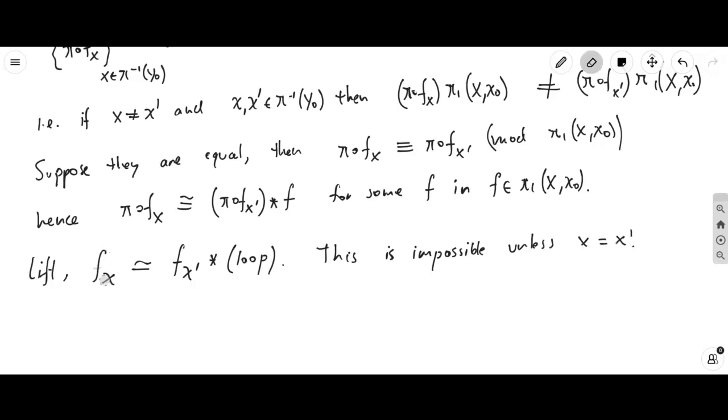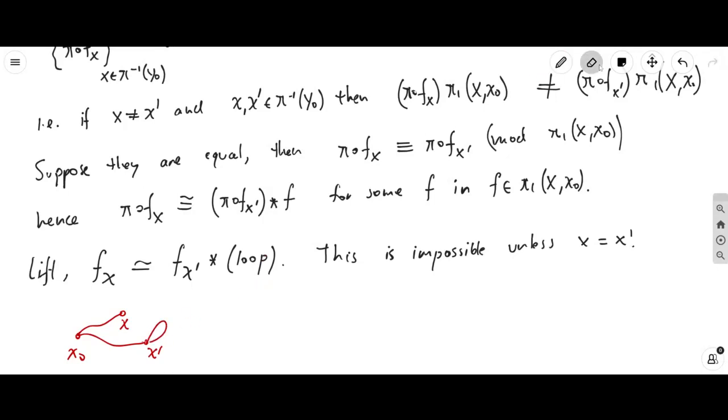Because what are we saying? What is this? This is a path. By definition, this is a path from x0 to x. And this is a path from x0 to x prime. But we're saying that at x prime, so you have x to x prime, and then you juxtapose it with a loop at wherever that is, right? So you're going to just juxtapose it by a loop.